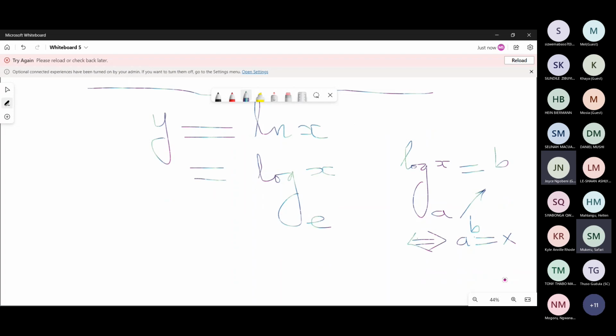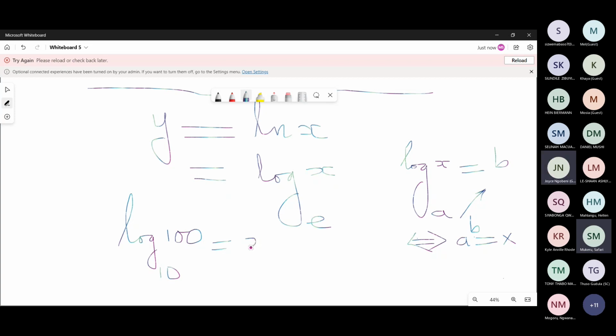I know that doesn't mean too much for some of you. Let me write it like this. For instance, what is the logarithm of 100 if we take the base as 10? Basically, the question is, what is that, please? It's 2. Yes, 2.